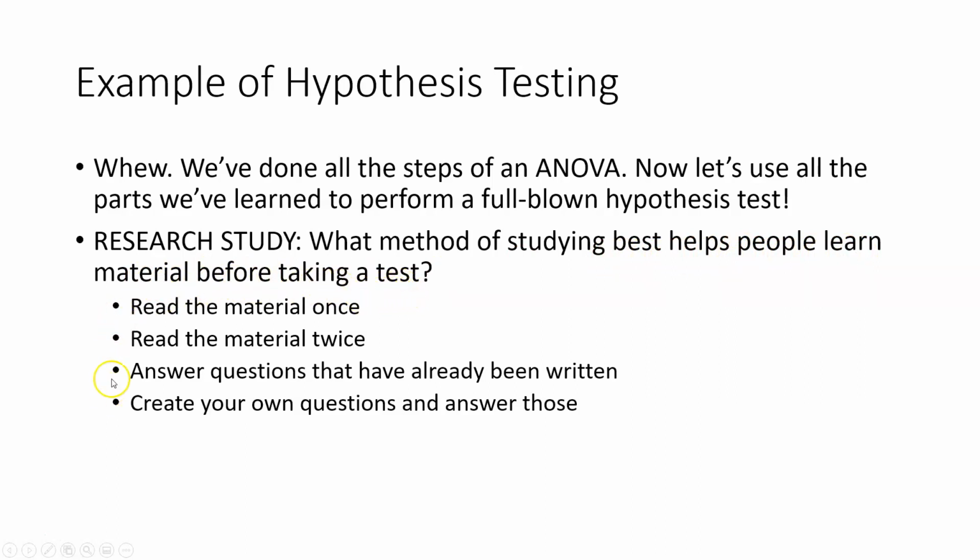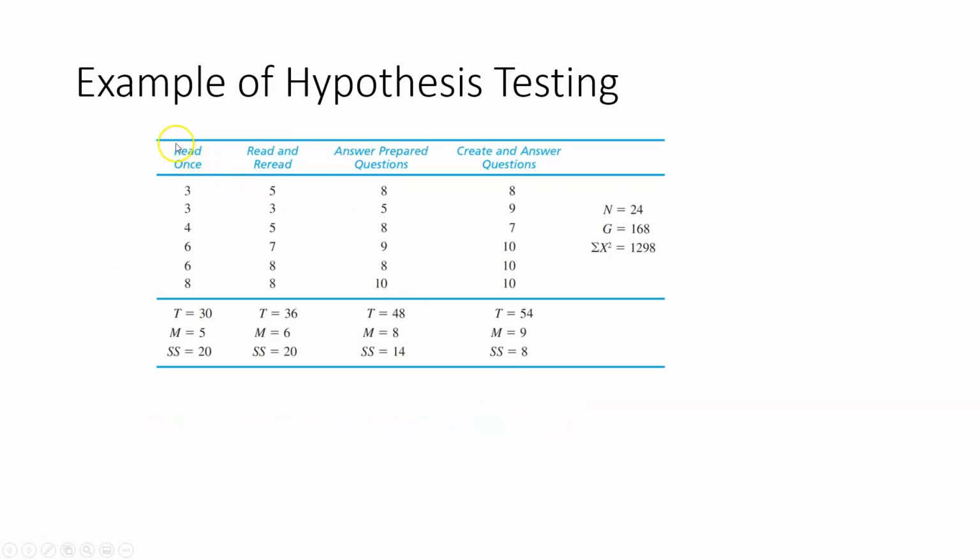We'll have 4 conditions here. Some might read the material once, some might read the material twice, some are asked to answer questions that have already been written, and some students are asked to create their own questions and answer those. Here are 4 conditions. Read once, read and reread, answer prepared questions, create and answer questions.